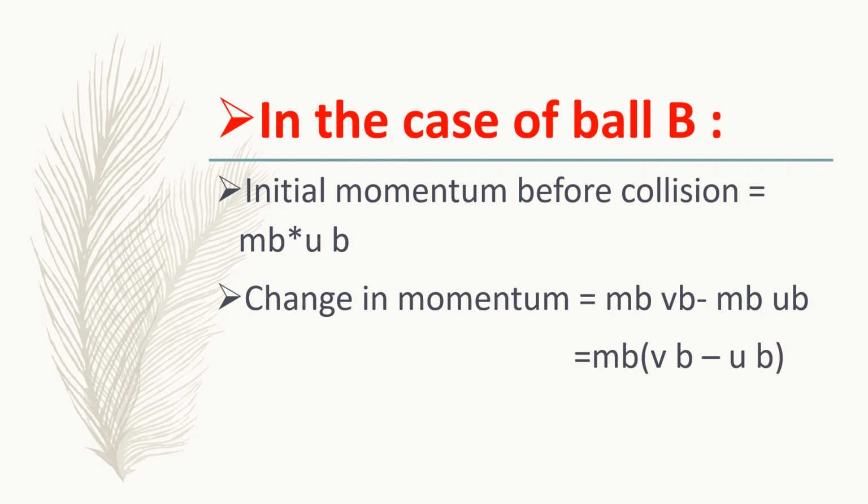So Fb is equal to mb into vb minus ub upon t. Now during collision, the balls exert forces on each other. Here comes Newton's third law of motion.